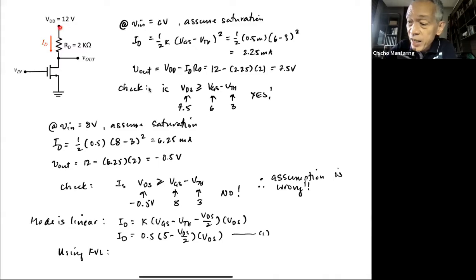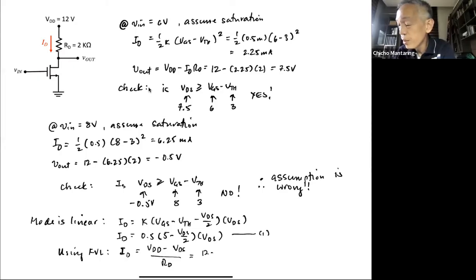ID is VDD minus VDS divided by RD. This current ID is (VDD minus VDS) divided by RD, so this is (12 minus VDS) over 2. This is my second equation. So I have to solve these two equations simultaneously.